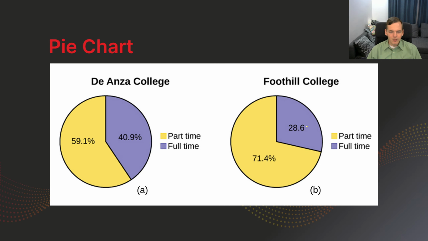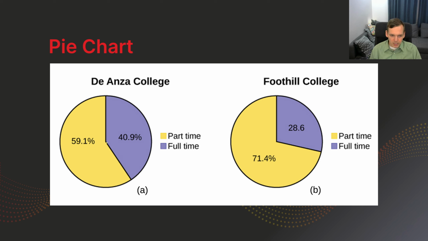So in this example, we've got two pie charts. On the left, we have one for De Anza College, and presumably this is, say, for students. So how many are full-time, how many are part-time? On the right, we have Foothill College, how many are full-time, how many are part-time? Or maybe it's employees, it doesn't particularly matter.